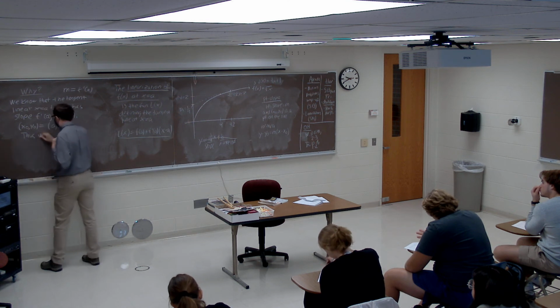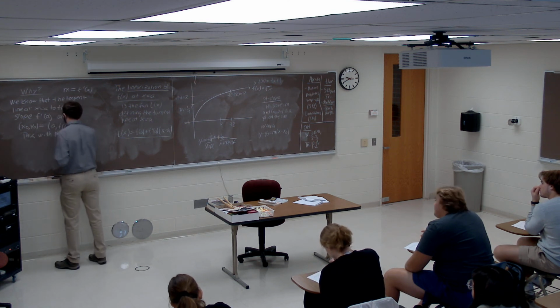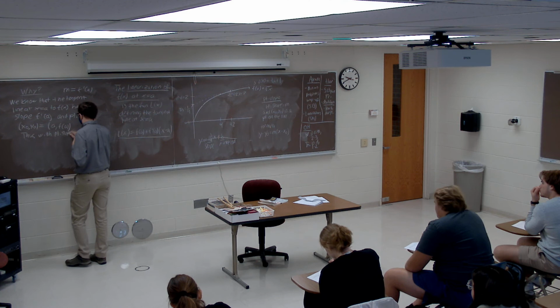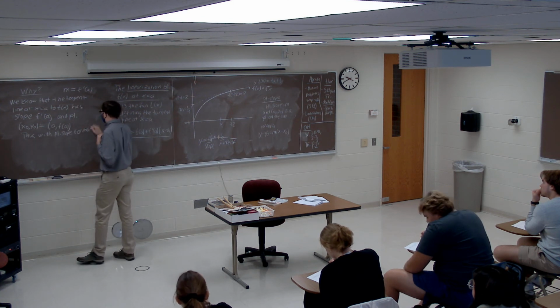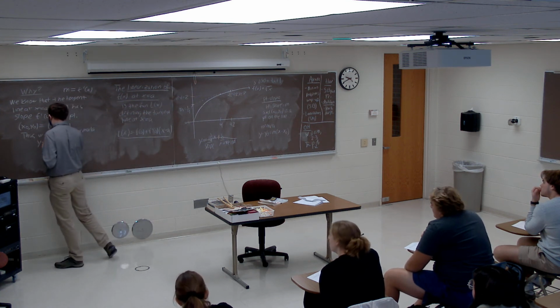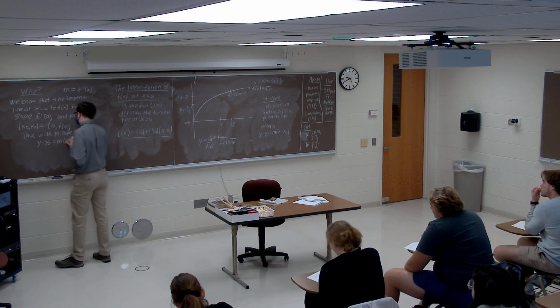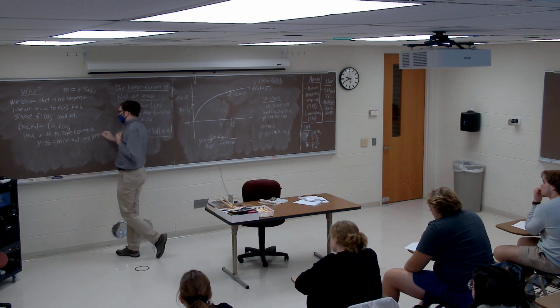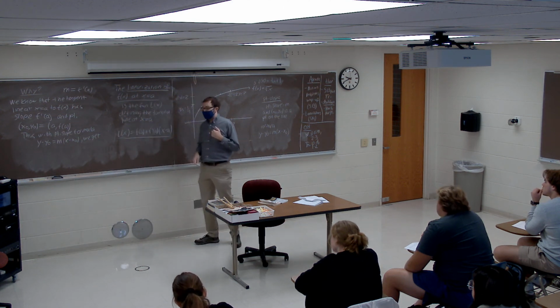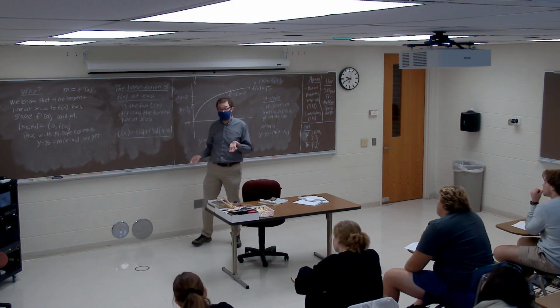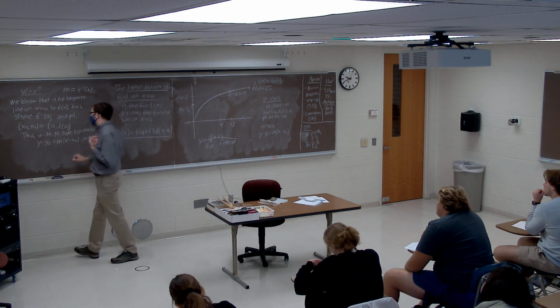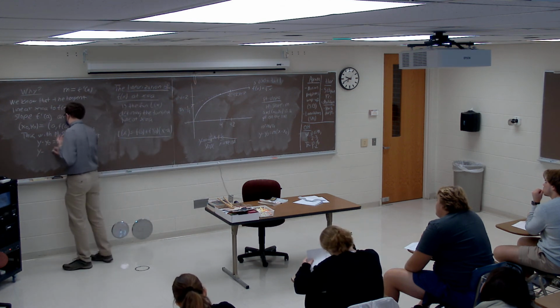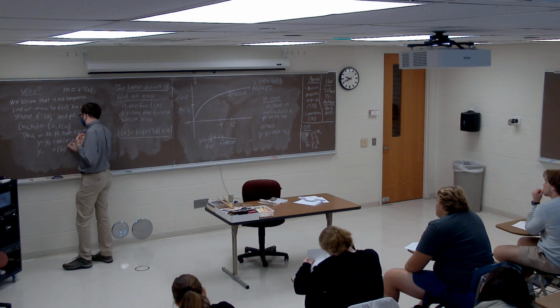Thus, with point slope formula, y minus y naught is equal to m times x minus x naught. We're going to get, if we replace our slope in the point slope formula with f prime of a, we'll get f prime of a here.